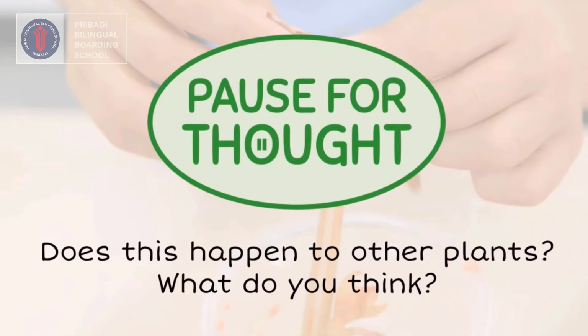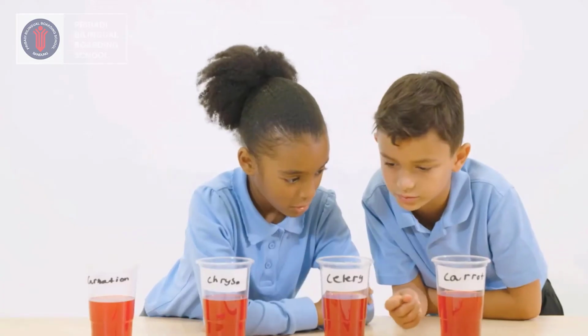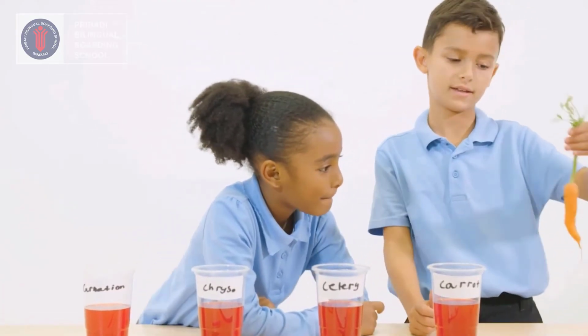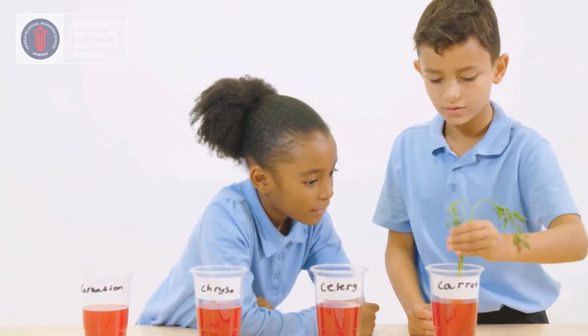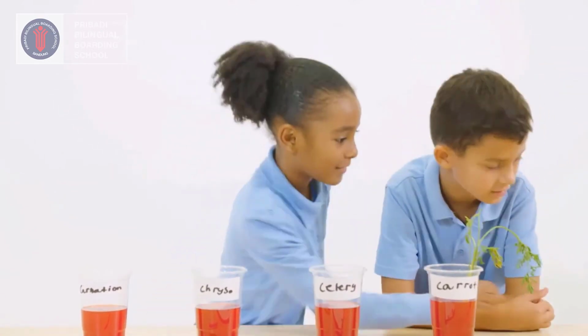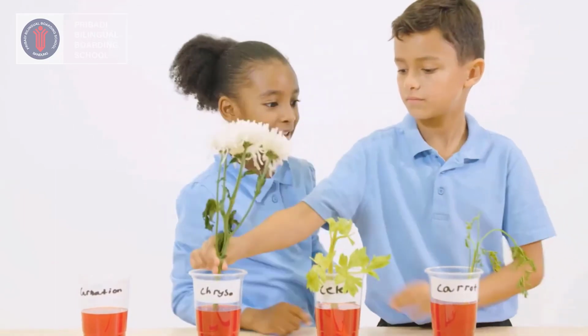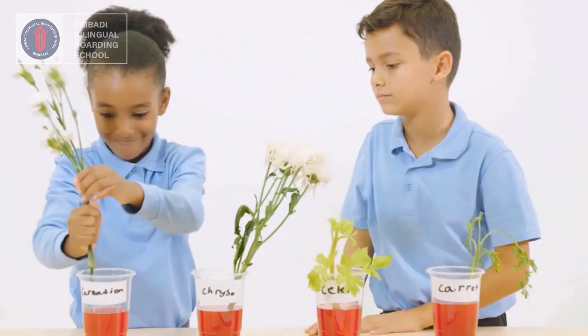Does this happen to other plants? What do you think? Which one should we put first then? Carrot or pea? Our investigator is putting plants into pots. Each pot contains water to a depth of 8 centimeters and a spoonful of food dye.